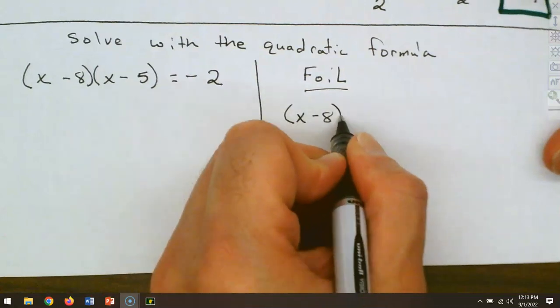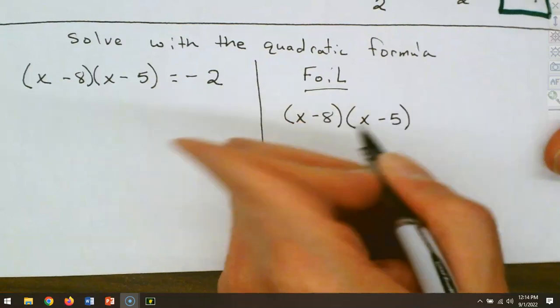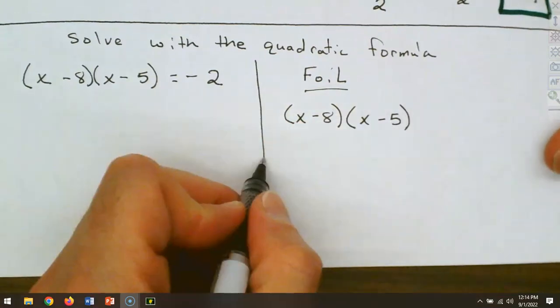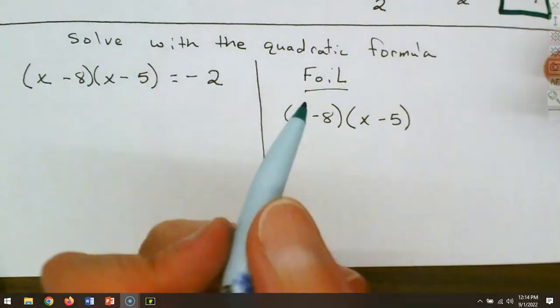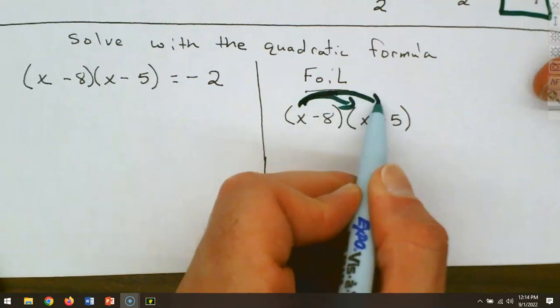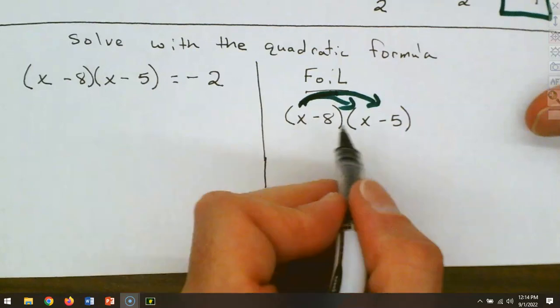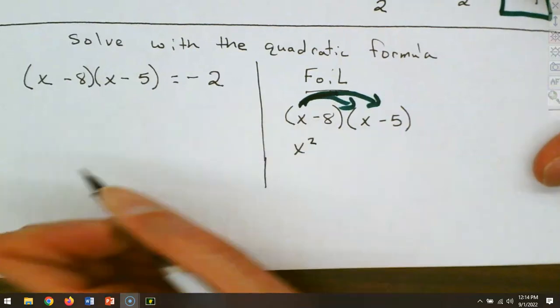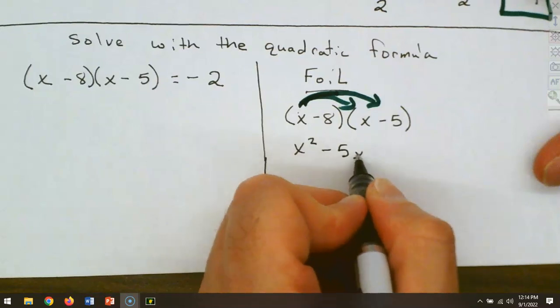So that's x minus 8, x minus 5. And we're going to FOIL it. So let's go ahead and take this and FOIL it. I only gave you one of these in your homework. But we're going to take this and we're going to FOIL it. So first times first, that's an x squared. Outside and outside, that's a minus 5x.